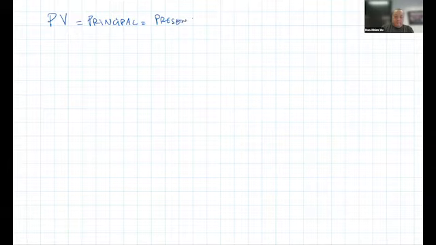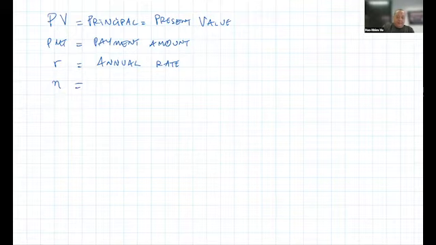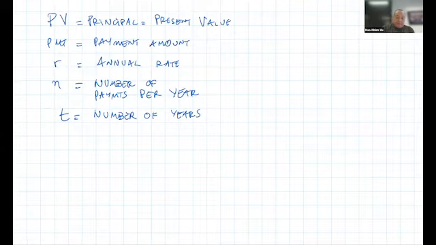If I use PV as the principal or present value, PMT is the payment amount, little r is the annual rate, little n is the number of payments per year, and little t is the number of years, so that the NPER, the number of periods that we talked about earlier, is not just n, but nt.